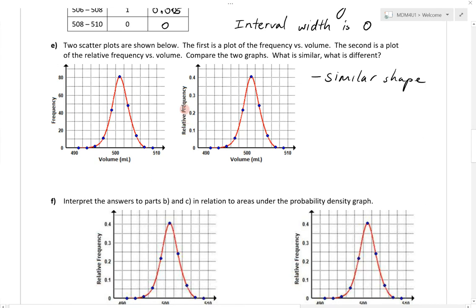So what is the difference? Well, the area under the curve for the one with just frequency, the absolute frequency values, is not equal to 1.